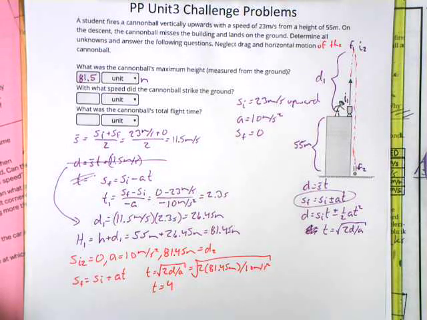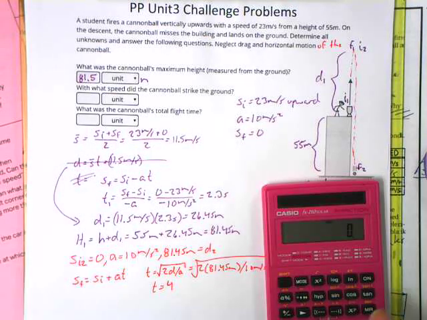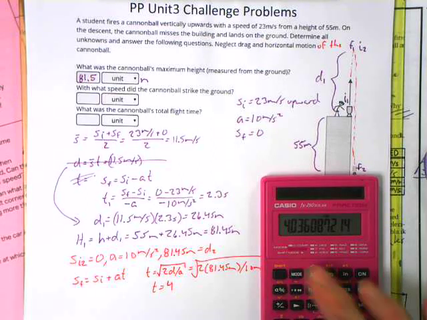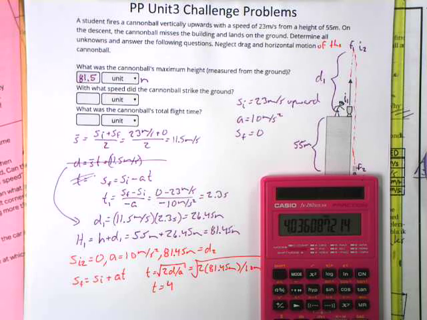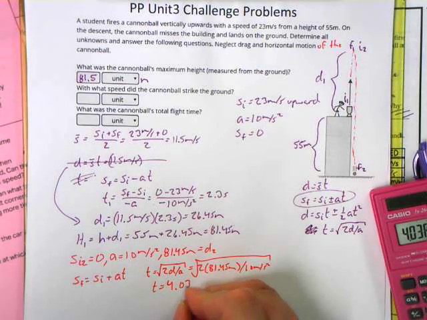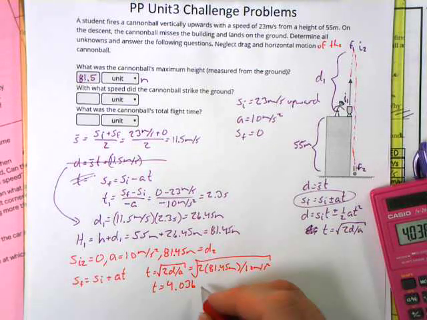That sounds like an awful lot. I want to double check that. 2 times 81.45 meters is 162.9. Divide that by 10 and we got 16. Yeah, I knew it. I must have squared it. 4.036. It wasn't that high in the air. 4.036, and that is going to be seconds.